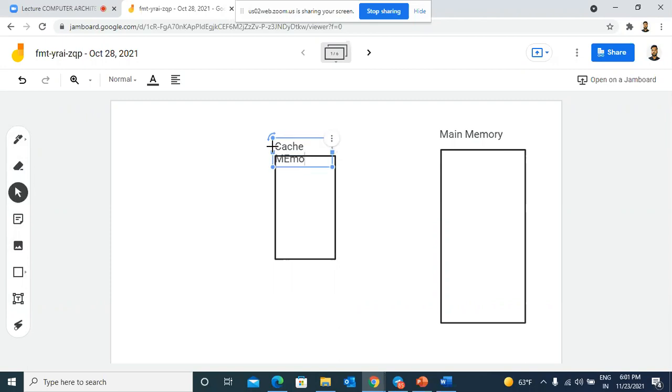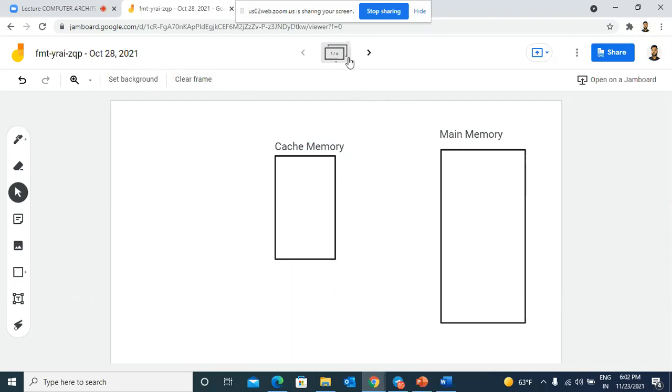Let me write it: memory, and this is cache memory. Two memories we have right now.